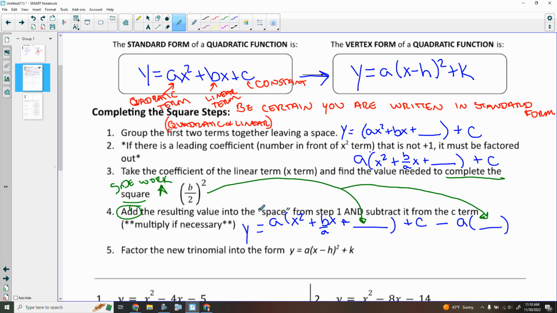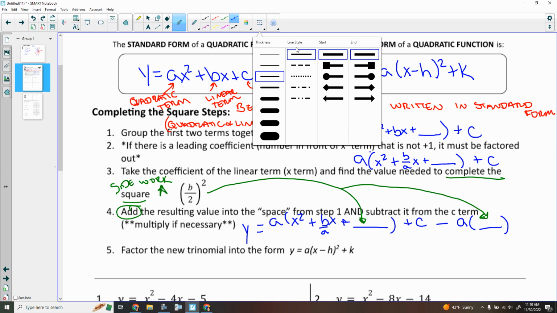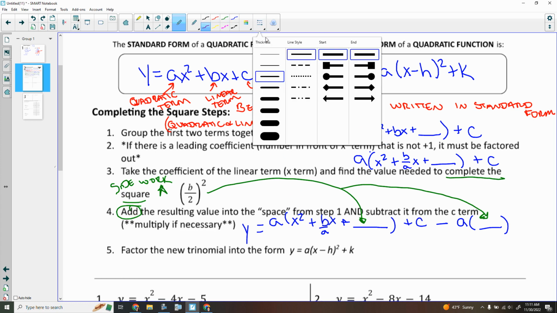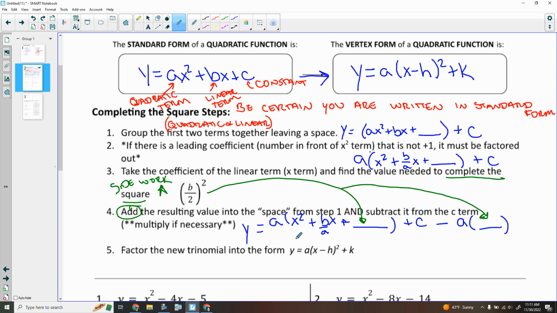Okay, and then we'll be able to write this into what is called our factored perfect square trinomial, which would convert it into its vertex form. And so a better way of looking at how this is converted is this part right here becomes x plus b over 2, and that's this value here.